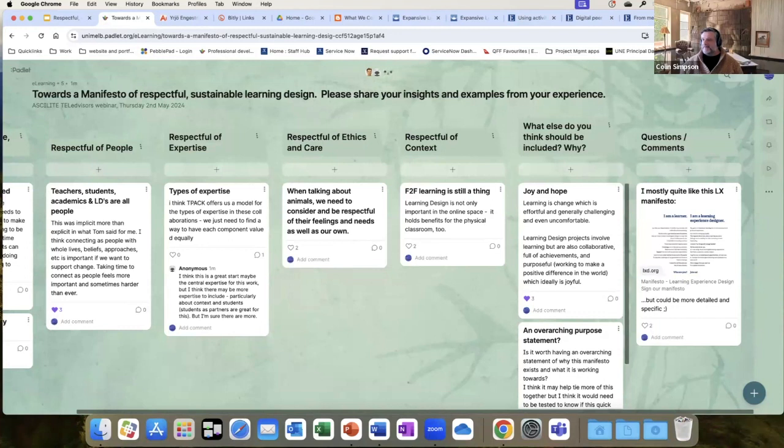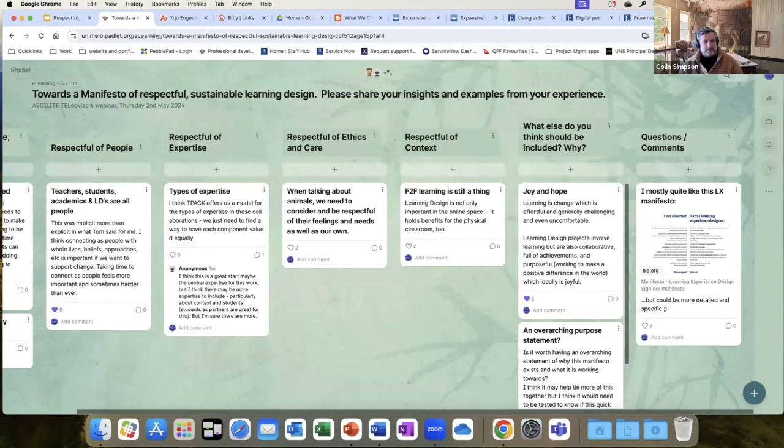I might just add something very quickly that just popped into mind. I'm wondering if this might, in some ways, be an update or an addition to the Larnaca Declaration on Learning Design, because I'm looking at that, and I'm just about to pop that into the Padlet.